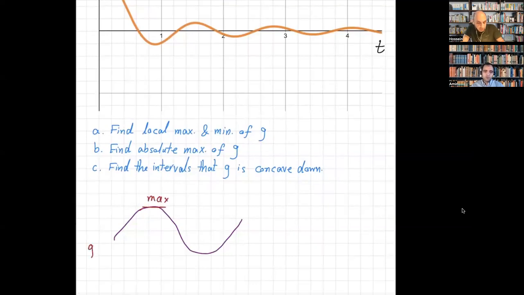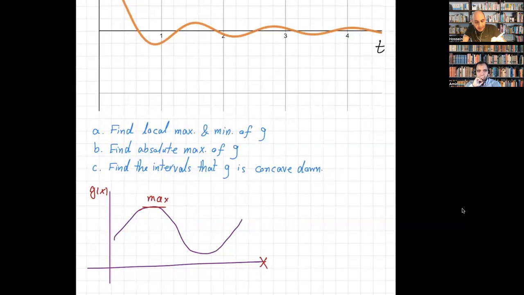If you could please write down the axes, g and x, so it can be clear. So let's assume this is g of x and this is the x-axis.